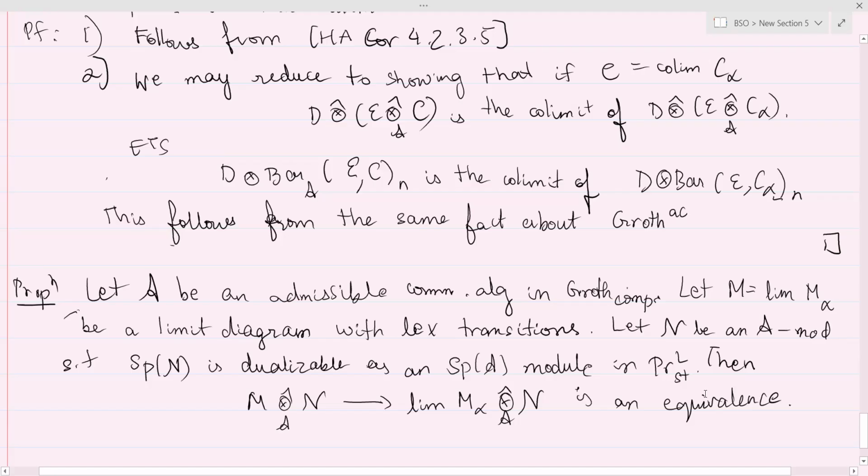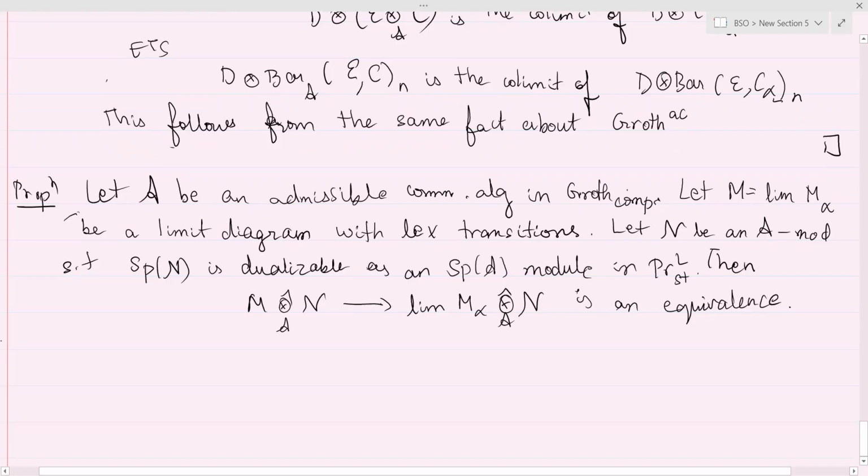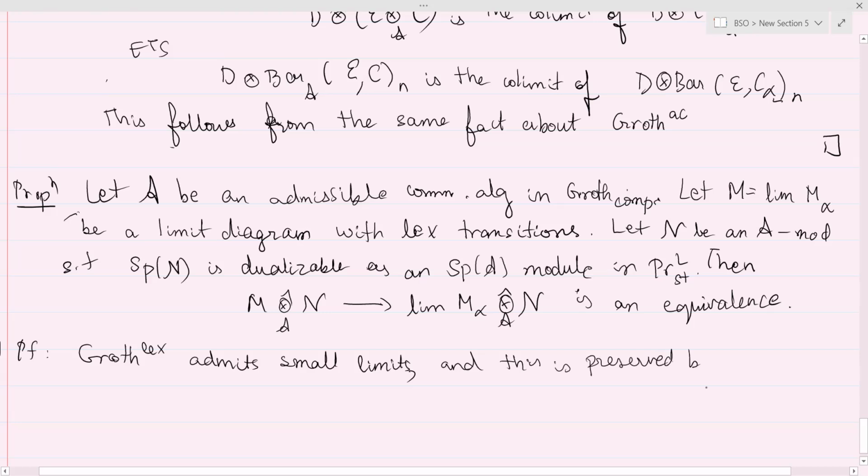Since I'll also use it in the proof, I'll write it: Groth Lex admits small limits, and this is preserved by the following chain.